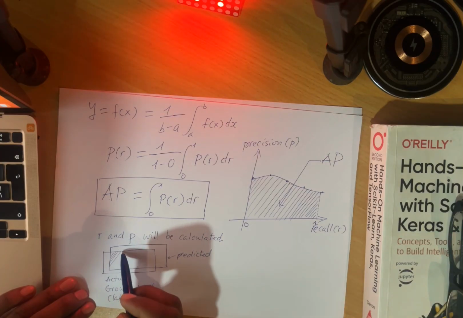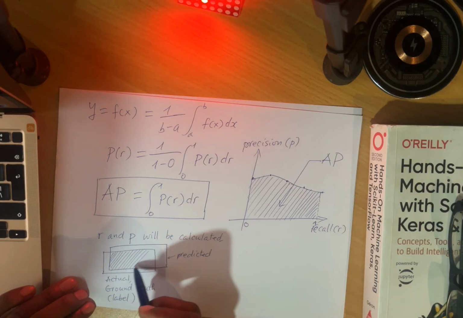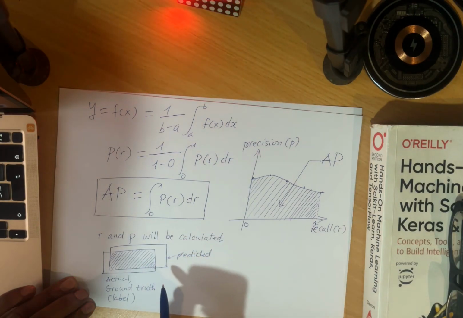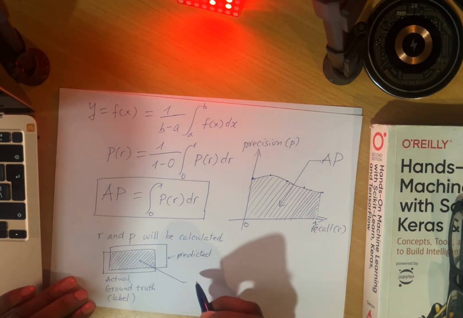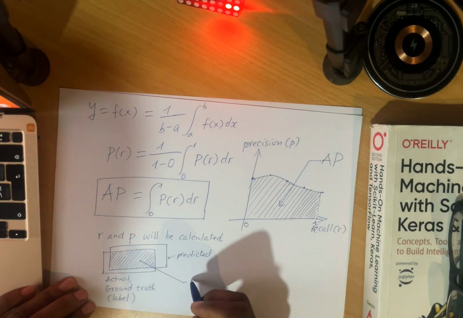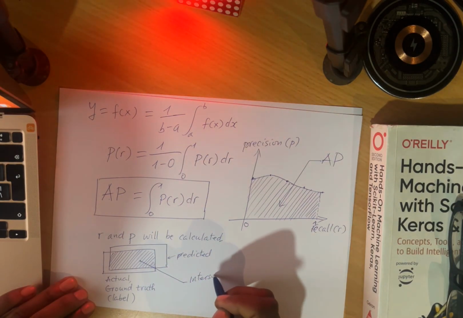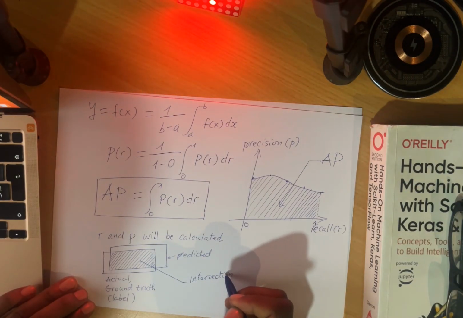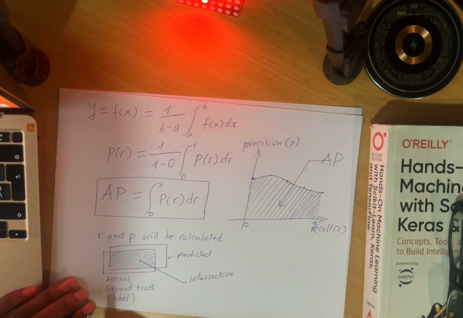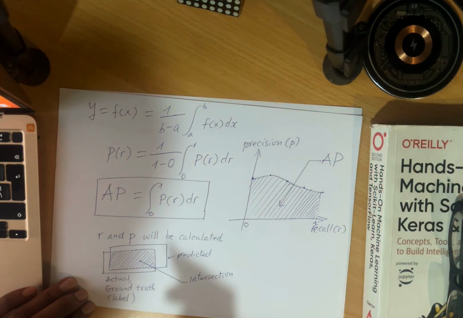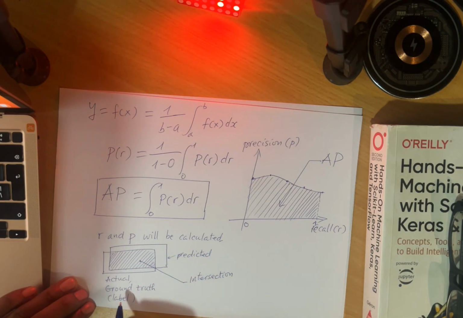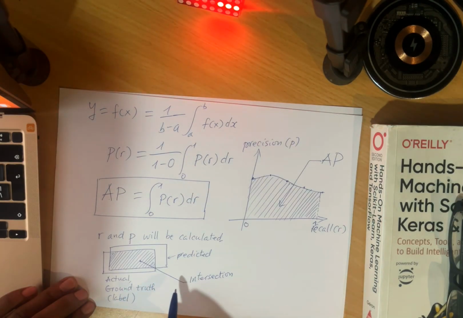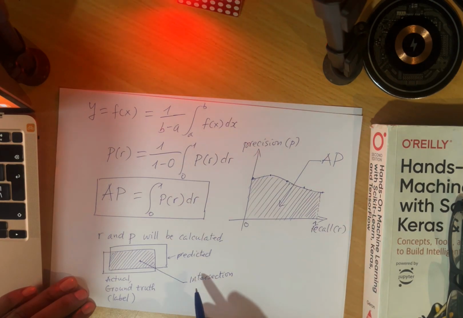This area is the intersection, and in this intersection is where the ground truth meets the prediction.